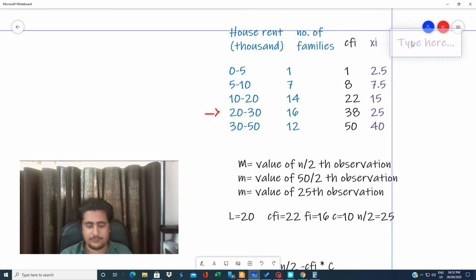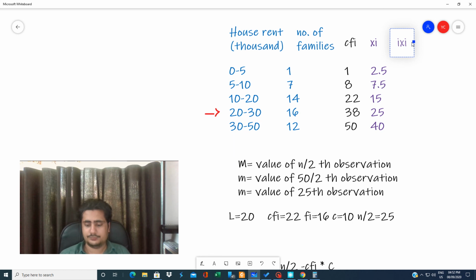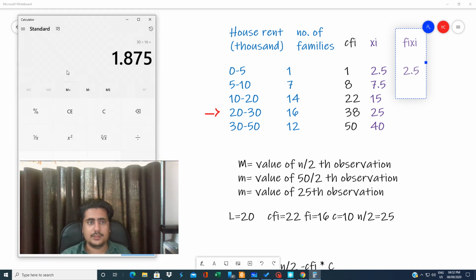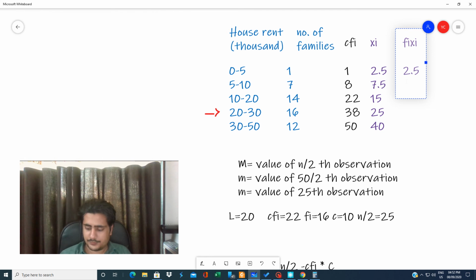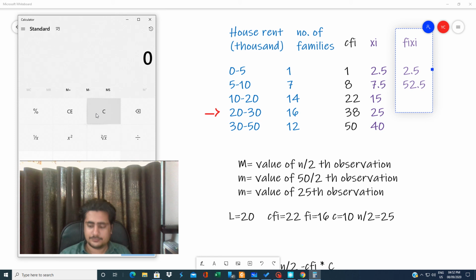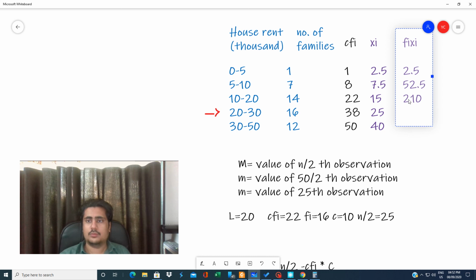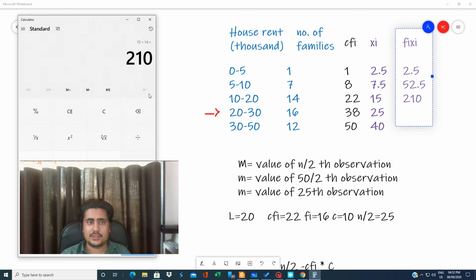So now I will be finding fi xi. Frequency is 1 in the first class, so it's 2.5 into 1, then 7.5 into 7, 52.5. And 15 into 14, it's 210. Then 25 into 16, it's 400.